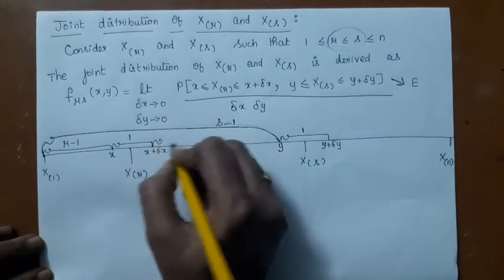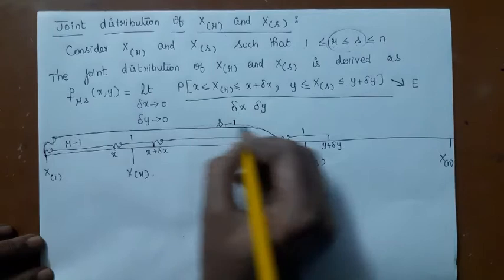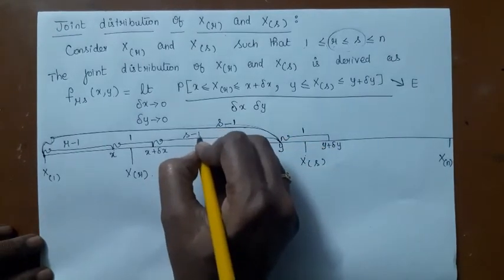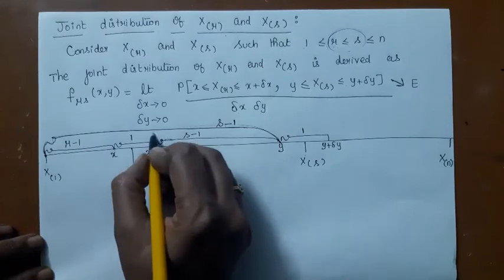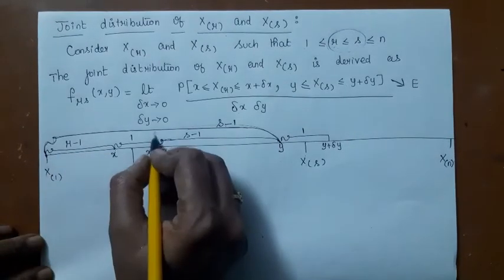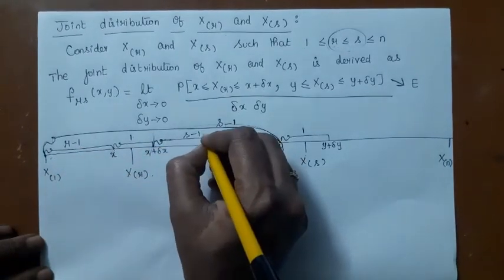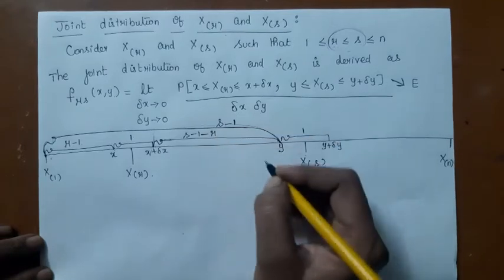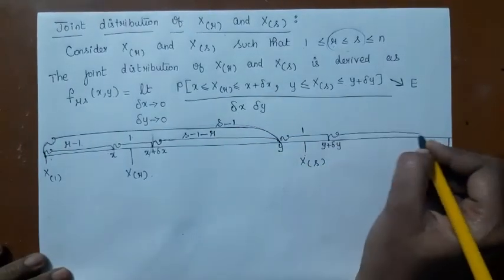Now, you consider this interval. Actually, you have S minus 1 values up to this, but when you consider this interval, the values up to this point are left out. How many values are before this point? R minus 1 plus 1 is R. So you have S minus 1 minus R. And you consider this part now.